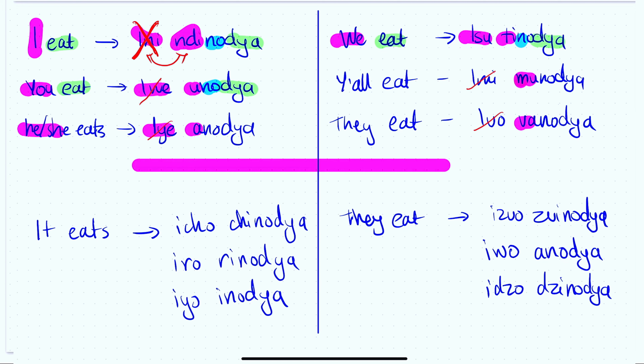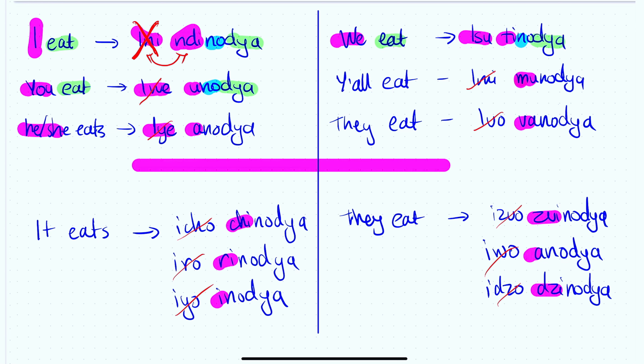And same as before, we can drop the absolute pronouns, but we cannot drop the pronoun concord. That has to stay there no matter what, because it tells us who is doing the eating.